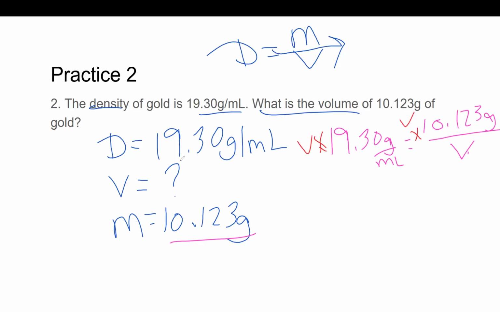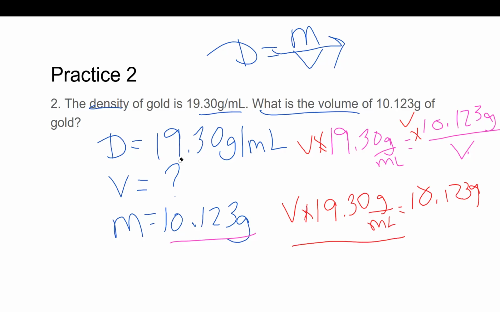So it's volume times 19.30 grams per mil equals 10.123 grams. But we haven't solved for volume yet. So now we need to get volume by itself.